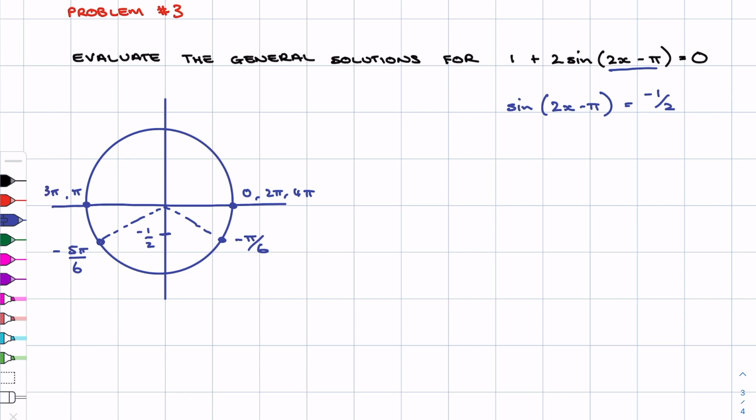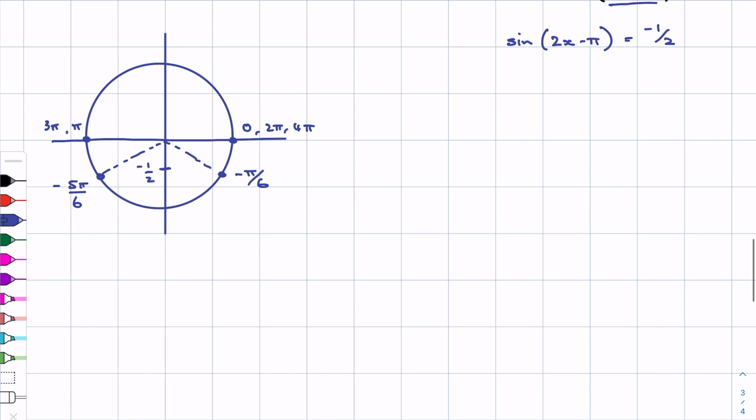So one solution that I'm going to focus on here is negative pi on 6. So this is going to be 2n pi, because 2n pi talks about this area of the unit circle, minus pi on 6.